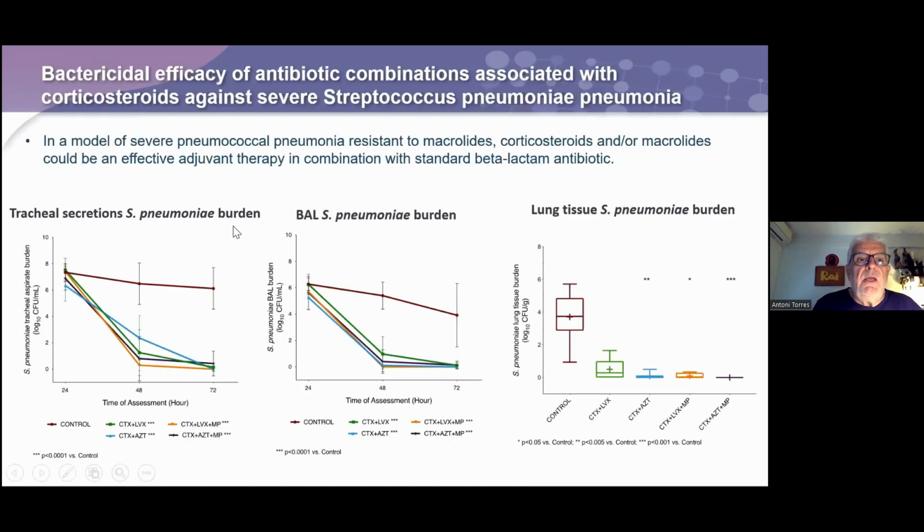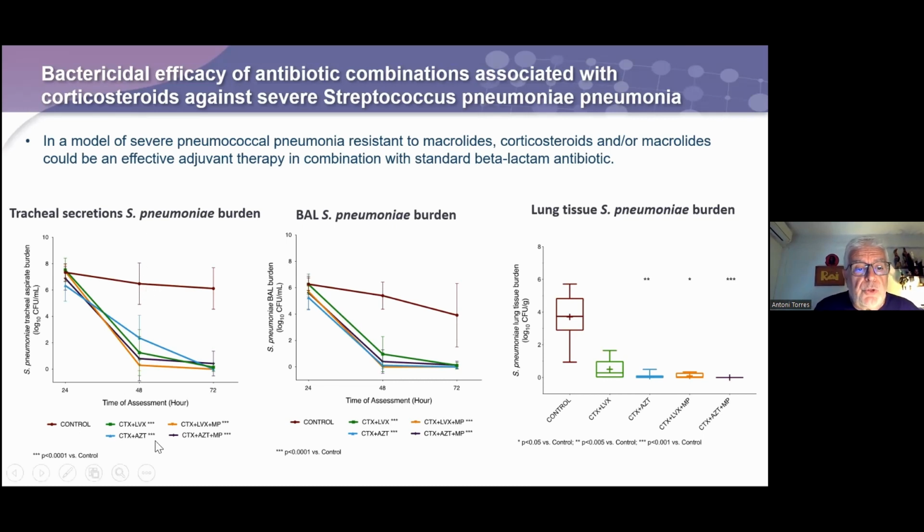Okay, in that model, and this is not published yet, we studied something that is now a very burning issue: whether the administration of corticosteroids is doing something or not.